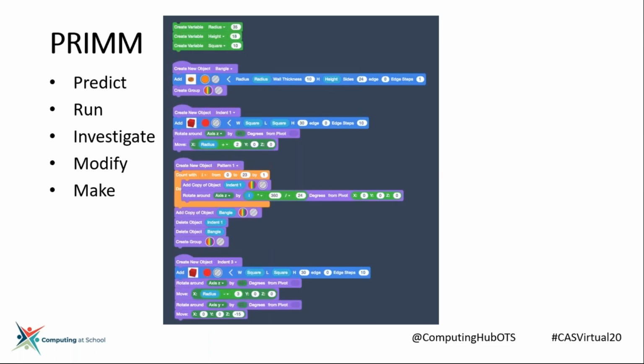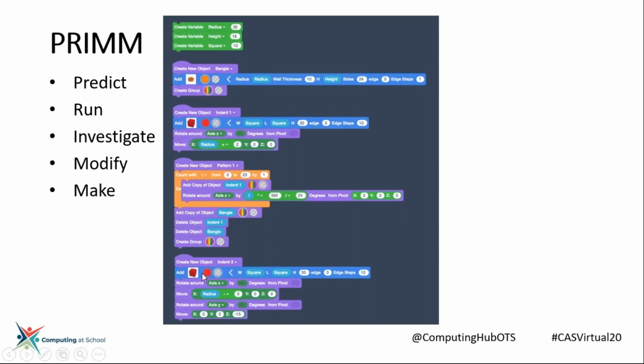We can see we've got 3 variables up at the top. The first kind of object, create object up here, sort of gives it away, create a bangle. But we're now going to create some indents and some patterns and some indents.